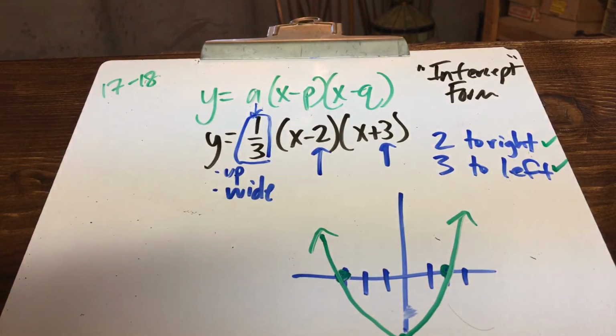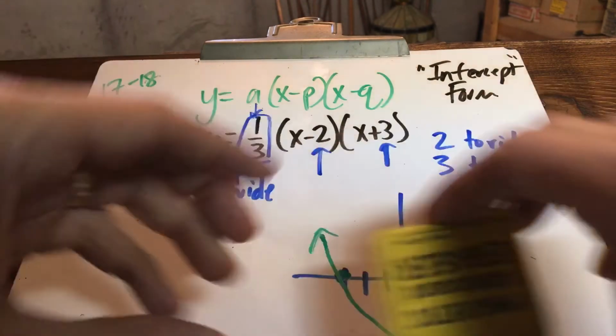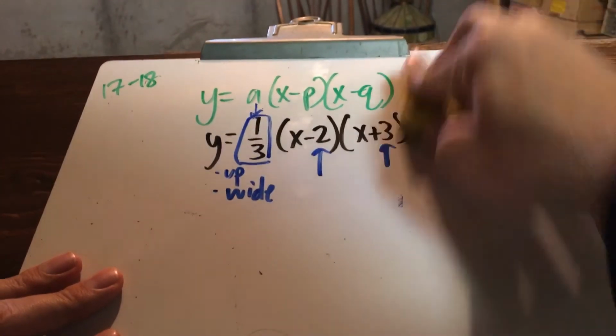That's going to give you number 17 and 18, number 19, number 20, number 21, number 22, are going to be similar. They're just going to be a little bit different, right?